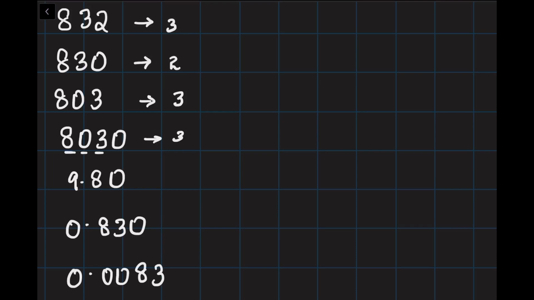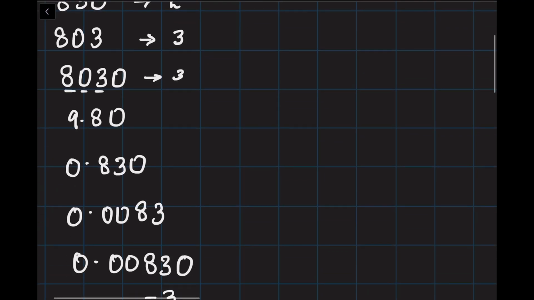Understood? Now in the next number a decimal is coming, so the rule is slightly shifting. When a zero is coming at the end of a decimal number, that zero should be treated as significant. So the number of significant figures in this case is 3.